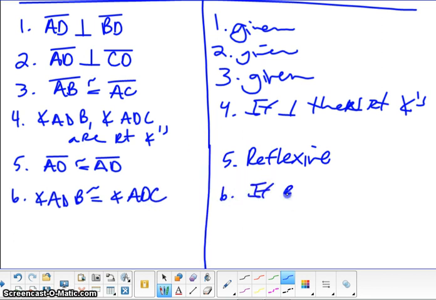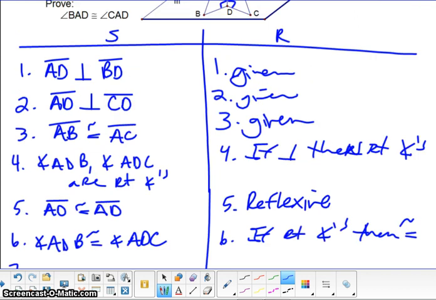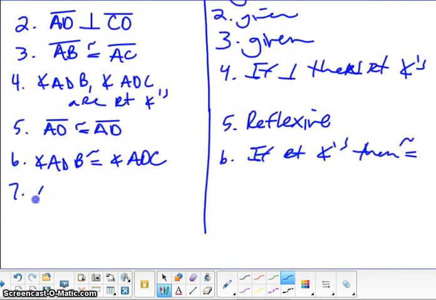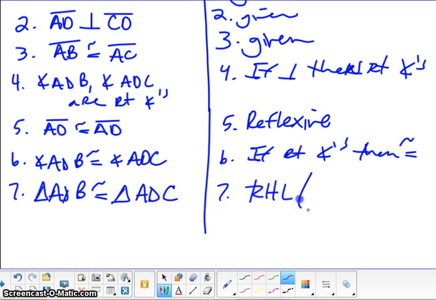If right angles, then congruent. Okay, so then now we can say that the two triangles are congruent to each other. So triangle ADB is congruent to triangle ADC because of right angles, hypotenuse and leg, which would be from 6 and 5 and 3.